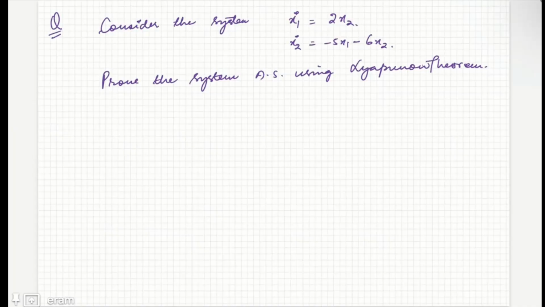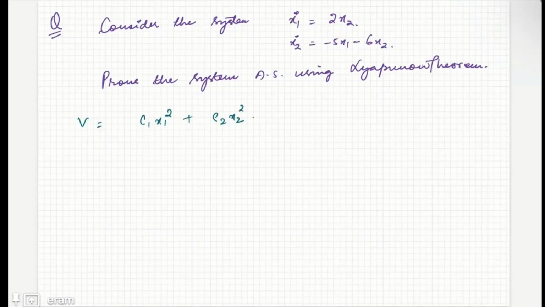To prove the system to be asymptotically stable, we must start with a good Lyapunov function. So how can we start with a good Lyapunov function? So let's consider a positive definite Lyapunov function V equals c1 x1 square plus c2 x2 square.